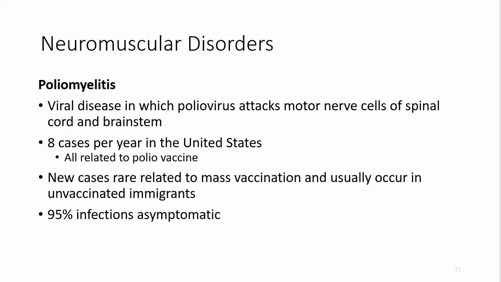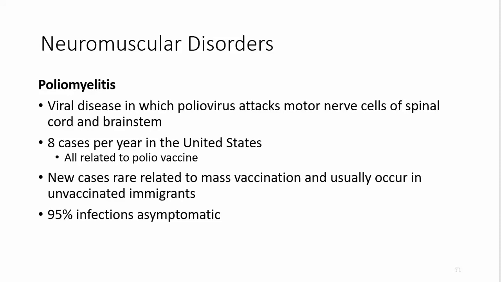It affects kids, and so there's an awful lot of kids used to get it, not so much. In North America, the incidence of polio now is very low. It's 1.6 cases per million.